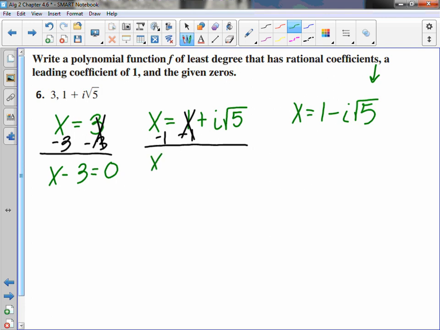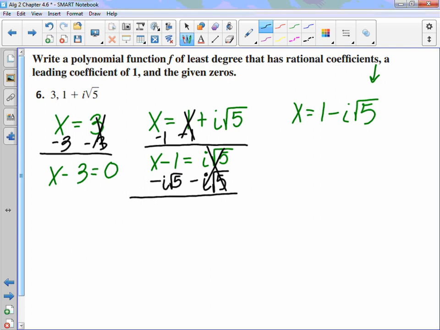Which would give me x minus 1 is equal to i square root of 5. And then we'd have to subtract i square root of 5 from both sides. And I get x minus 1 minus i square root of 5 is equal to 0.